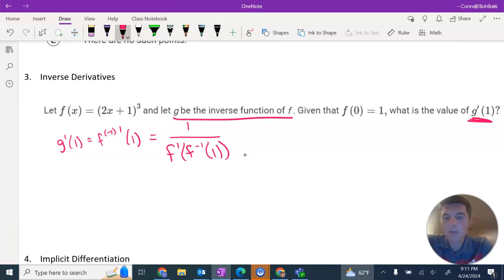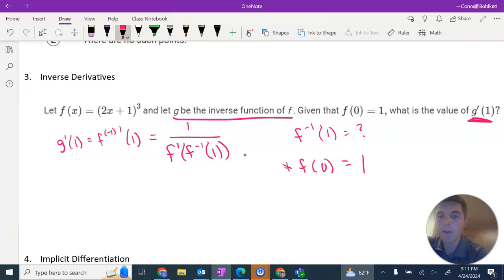And now we just have to solve for the two missing values. So we have to find f inverse of 1, and then whatever we get, we plug that into f prime. We want to know f inverse of 1 equals something. That's our goal. But we do have this point, and this point says f of 0 equals 1. So it turns out that inverses swap inputs and outputs.